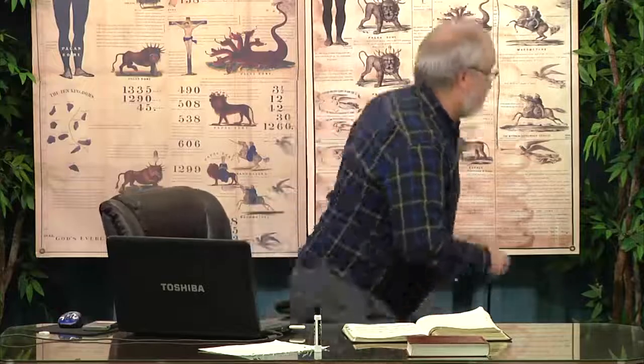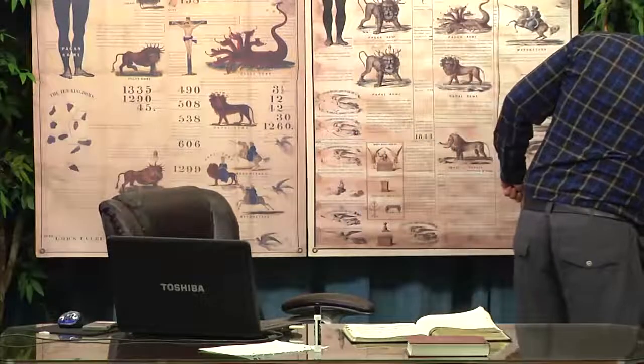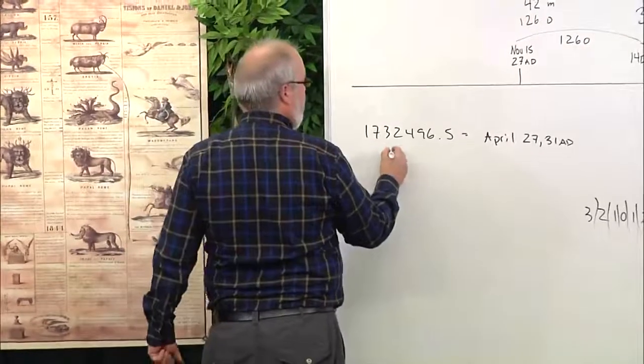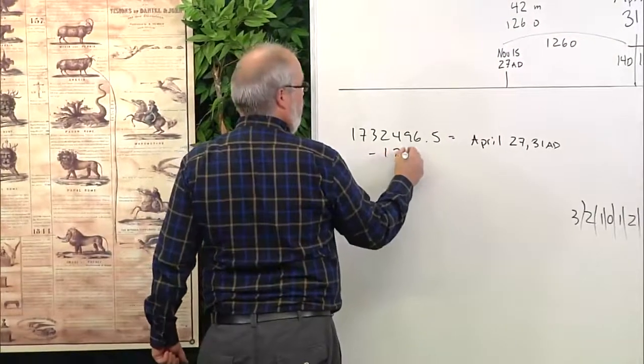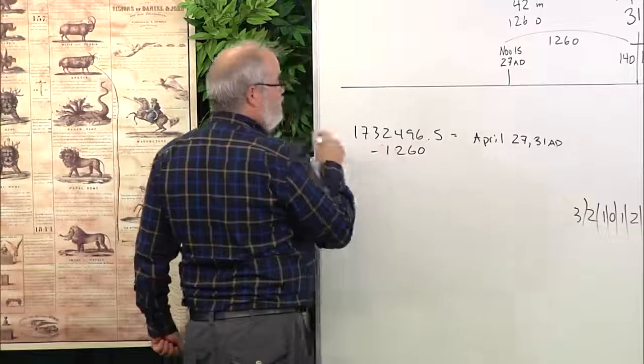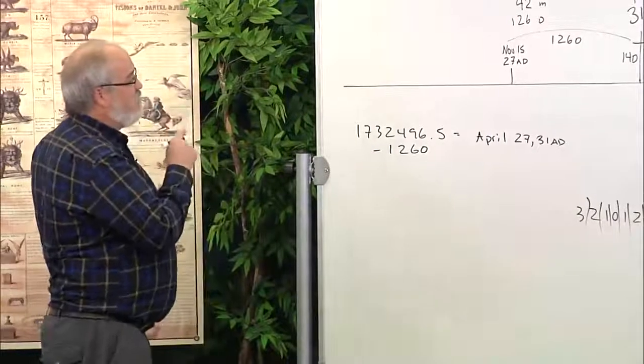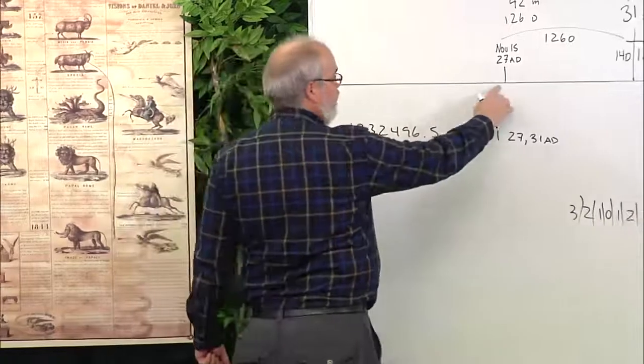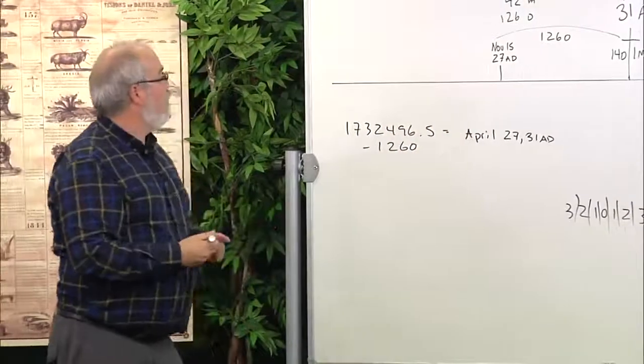173,496.5. So I'm going to erase this, and I'm now going to subtract. When I do this, if I subtract it like this, I will end up going to November 14th. So I'll just show you by doing this.